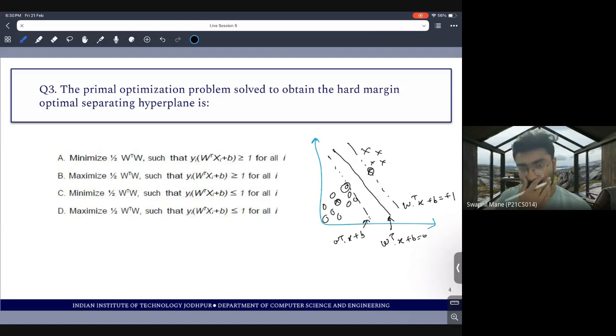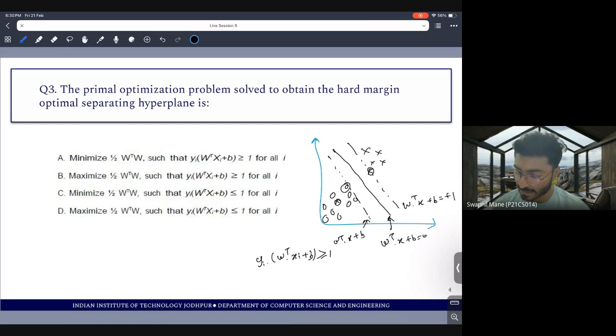So these three equations we have written in such a way that for x of i, i is from 1 to n, the number of training points. We consider a single point: the multiplication of yi, the actual label of that particular x instance, and w transpose xi plus b is greater than or equal to 1.